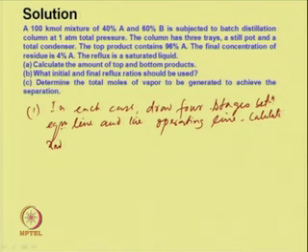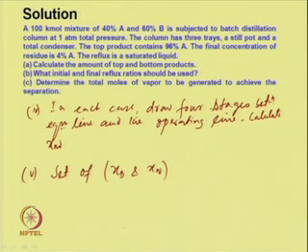Then we will have a set of x_d and x_W. Since we have x_d and x_W, we also have the slopes of the operating lines.